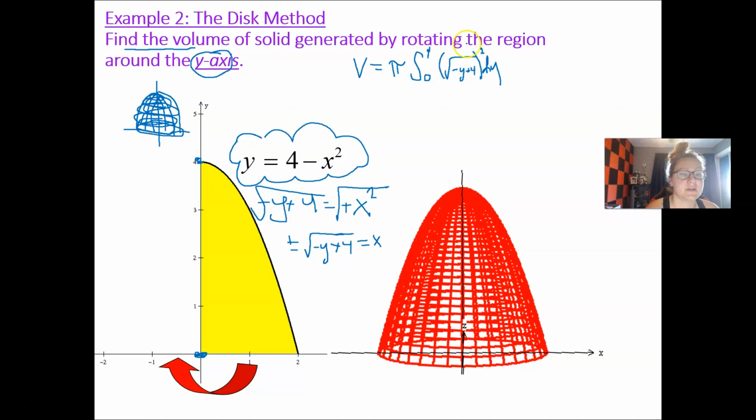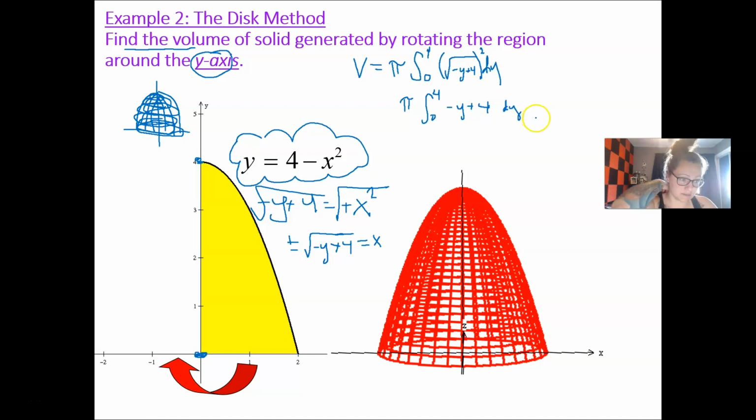Remember, it's pi, my radius is my function, and then squared. So you could even save yourself what you're plugging into your calculator, because that square root and the square cancel. So you can just do negative y plus 4 with respect to y.